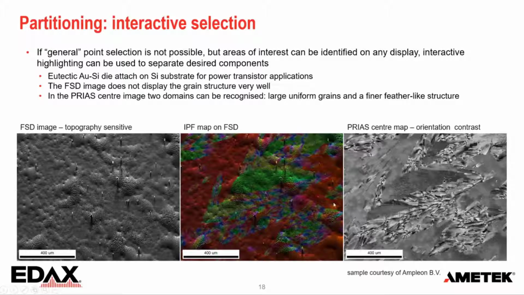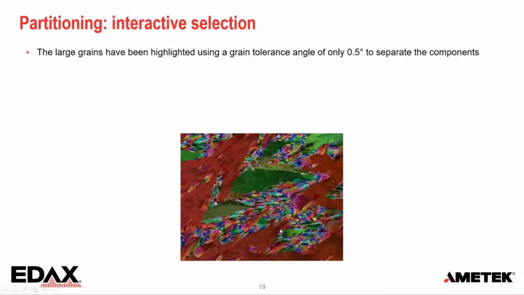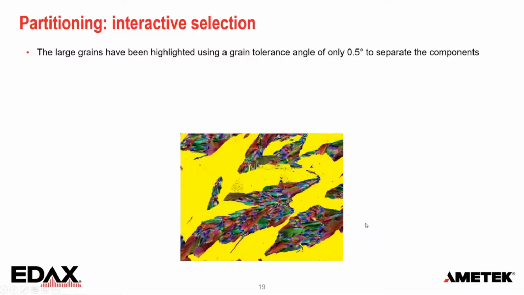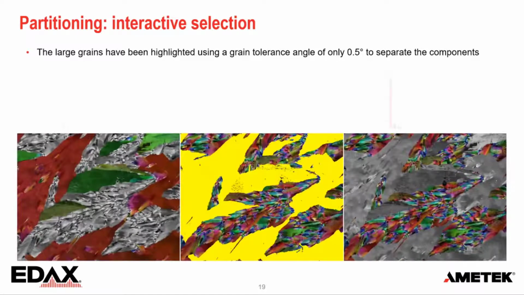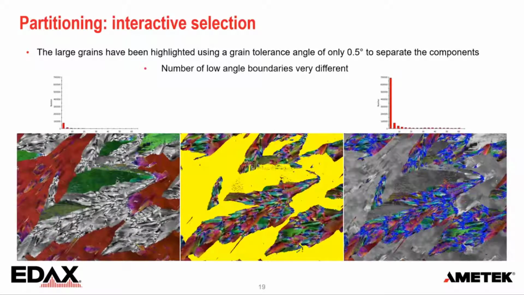And in the middle here, we have the IPF superimposed. Now, if I want to separate those large grains from the small grains, what I could do is just click in those large grains, and the software will select the points that belong to them. And when I've done that, I can split them, and also do their own analysis for both.